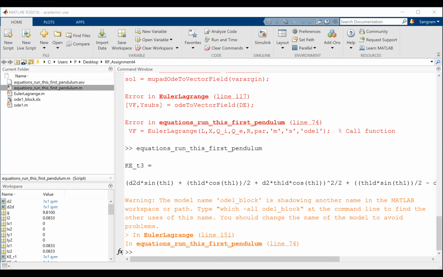Next is generalized internal forces. And these are zeros. So now at this point, I want to tell you what are these generalized internal forces. Imagine this robot arm, the rotary joint or the prismatic joint or the revolute joint, they have some internal damping, or if they have some friction. So these are internal forces, which means there are some elements internal to the system that are dissipating energy.